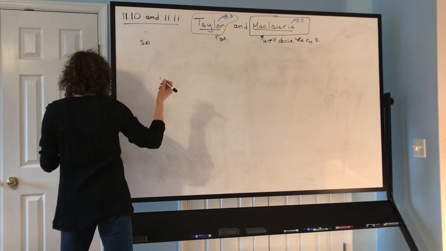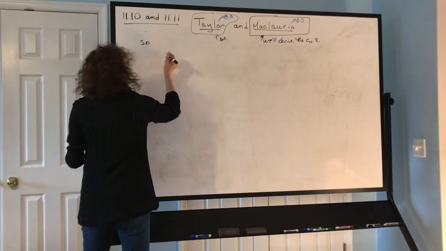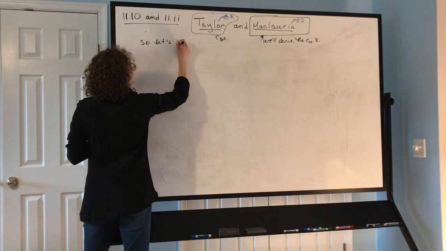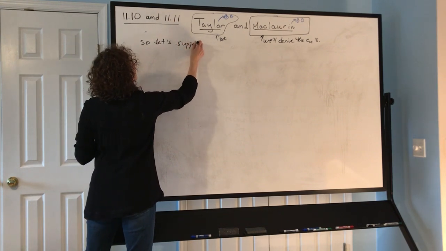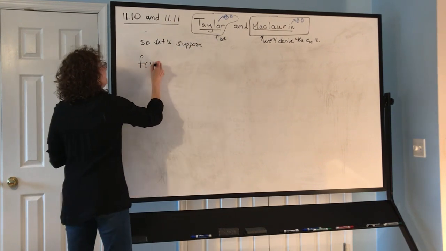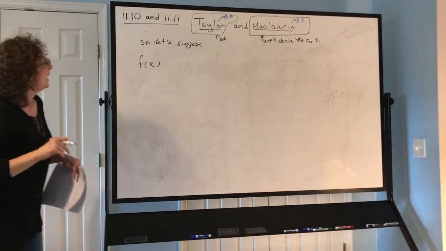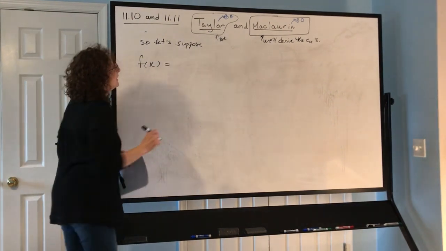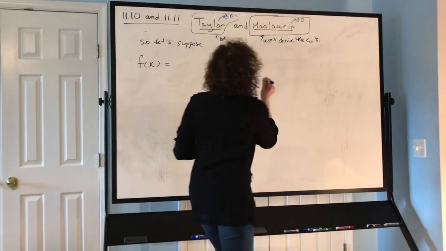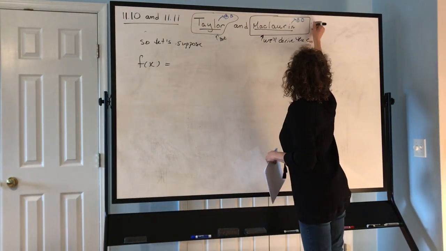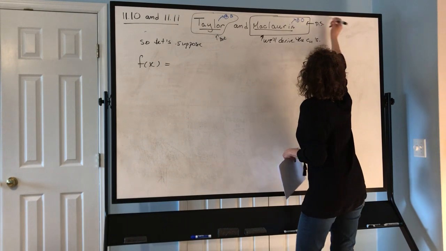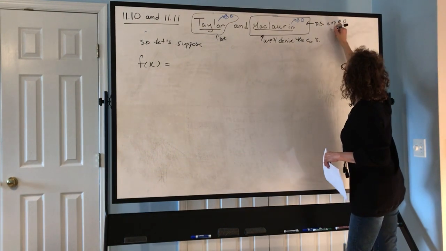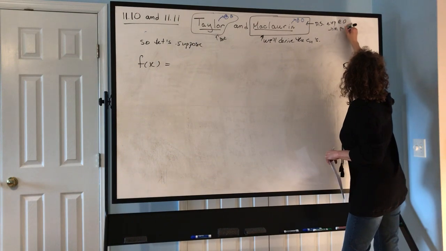So what do we want? Let's suppose we have some function f of x, and we want that function f of x to be represented by a power series expanded about 0, or in powers of x to the n.